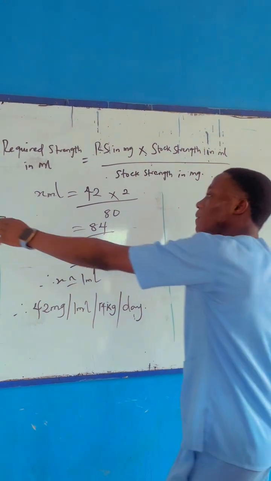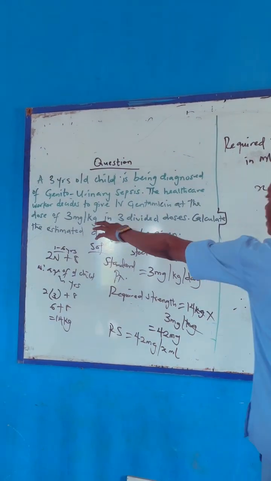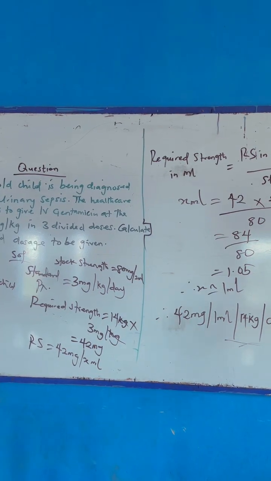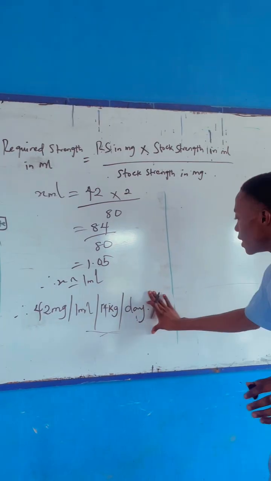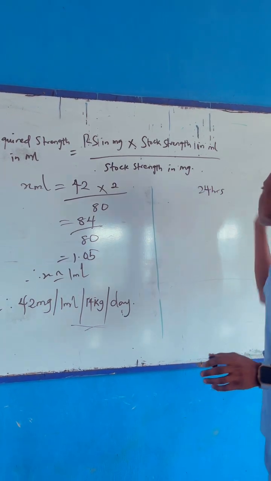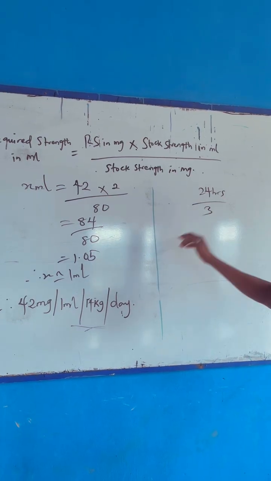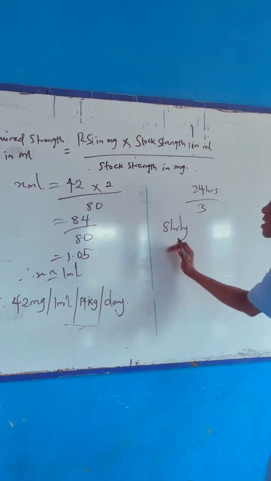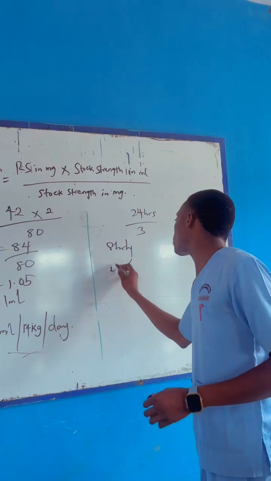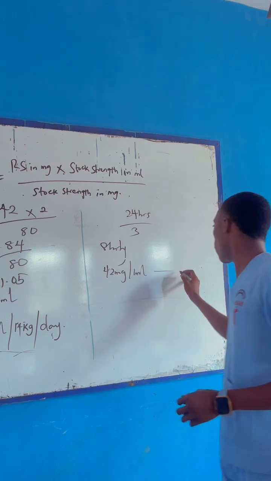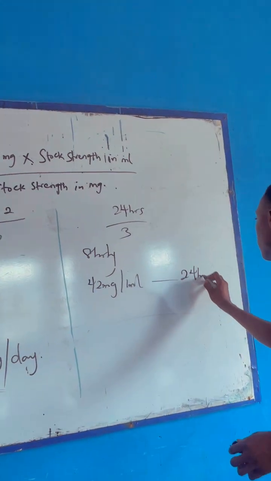So now we are expected to calculate it in 3 divided doses. Since we are getting a value for a day, we now divide this day into 3. As we have 24 hours in a day, we divide it into 3 as 8 hours. So now we are going to calculate the injection the child will receive. 42 milligram per 1 ml is for 24 hours.